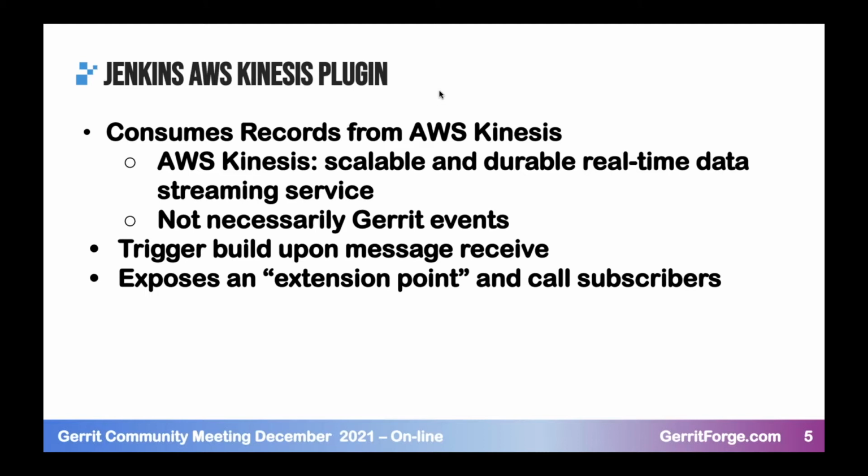It's just a plugin that forwards and makes available records from Kinesis to Jenkins. It doesn't necessarily need to be Gerrit events. It can be any type of event, so this plugin can be used outside the Gerrit scope.